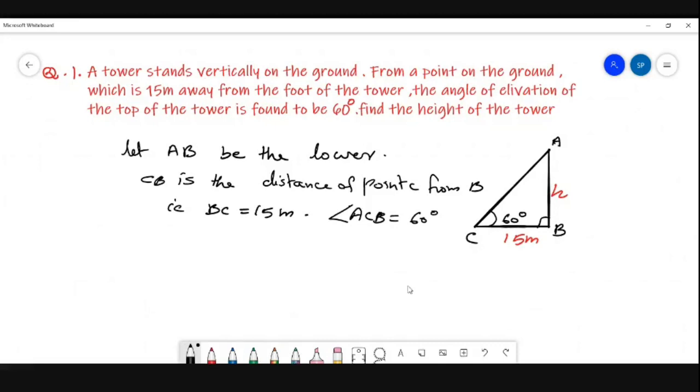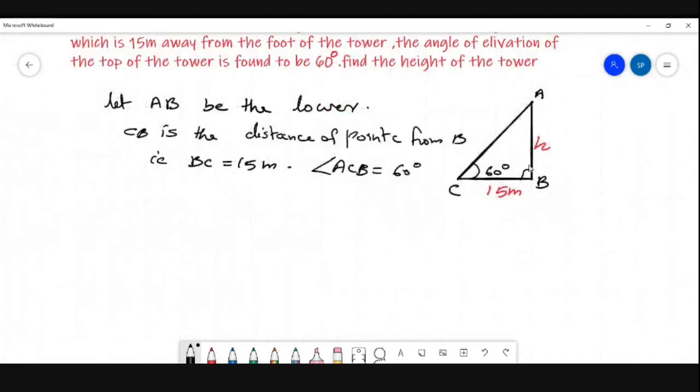Now in this right triangle, one side and one of the angles is known. With respect to this 60 degrees, what is the side AB? That is the opposite side. Let AB equal h meters and BC is given as 15. Opposite side by adjacent side is called tan theta.